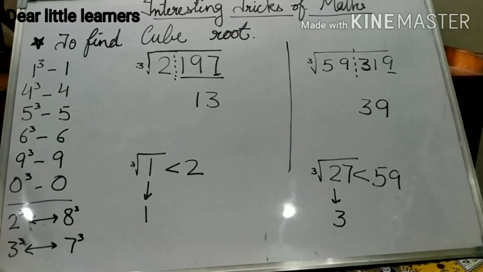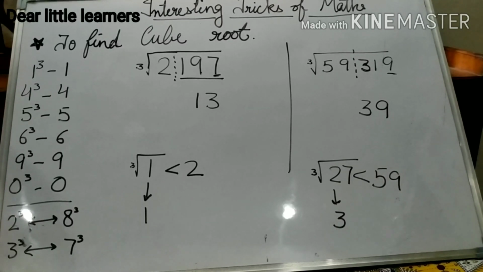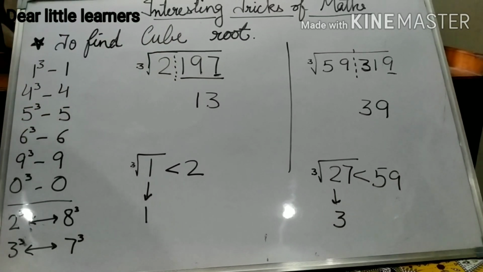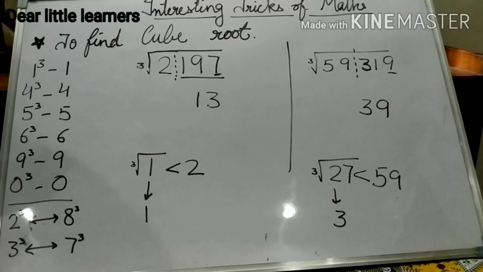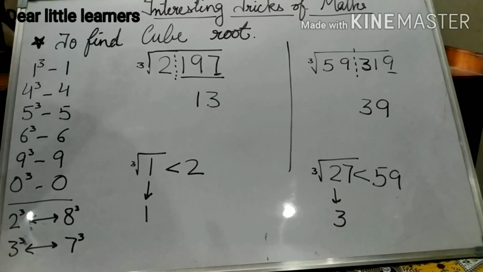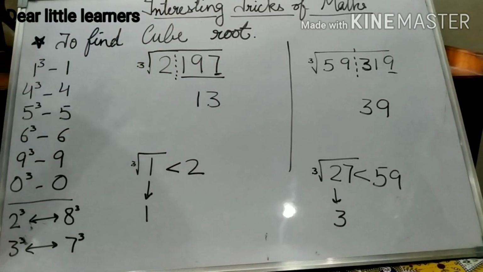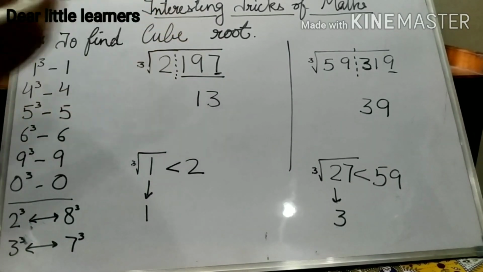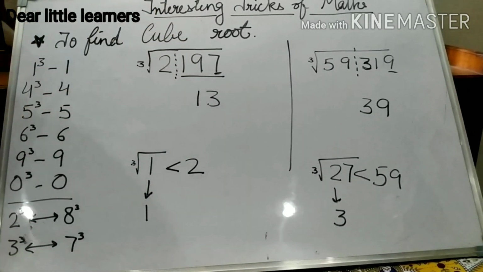Now I will tell you how to find out cube root. For that, children, I have taken a number 2197, and we have to find out the cube root of this number. So what we have done is, first we have taken the last three digits. Okay, 197 we have done separately because we are finding cube root. So we will take three digits.